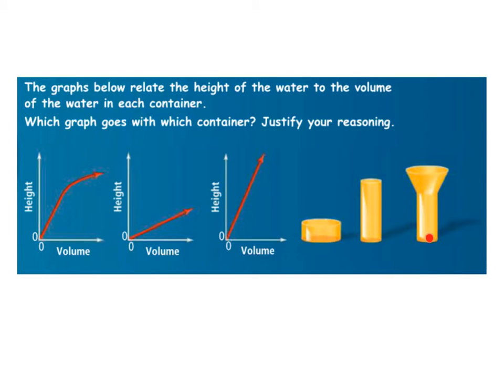And this one will be filling, and then suddenly it'll start to slow down in terms of how much height it will gain for the amount of water that's going in, because as it gets wider, that level goes up more slowly. You can imagine filling up a straw versus filling up a bathtub. Filling up a bathtub, the same amount of water will raise the level up slowly. And for a straw, it will raise it really fast.